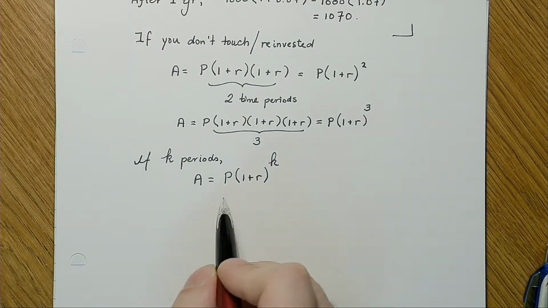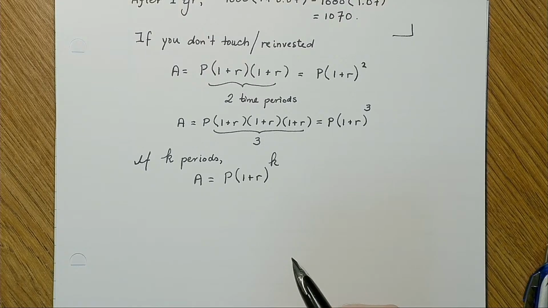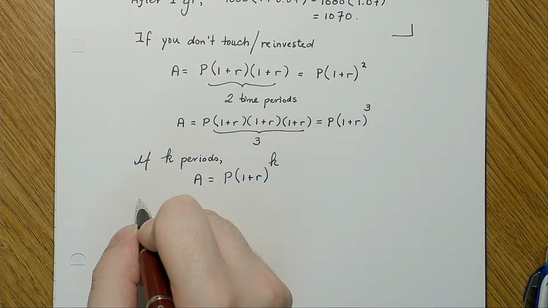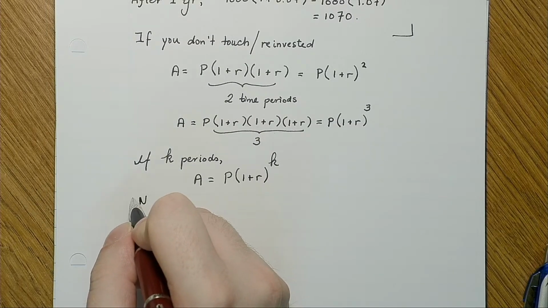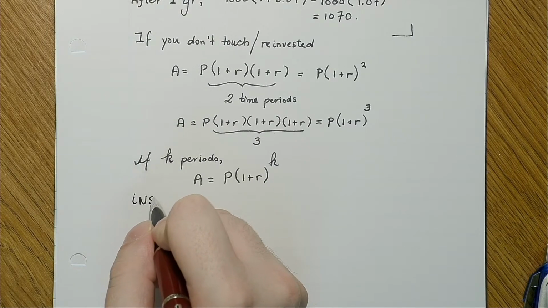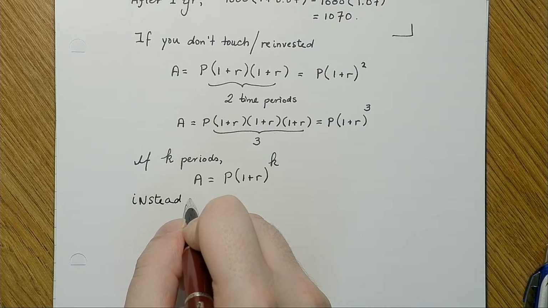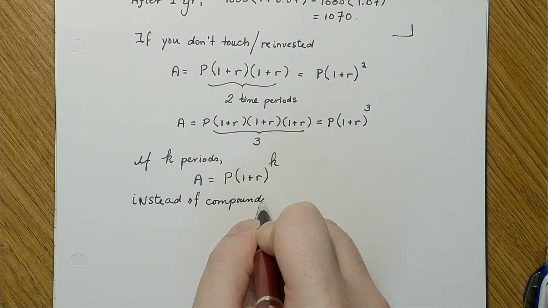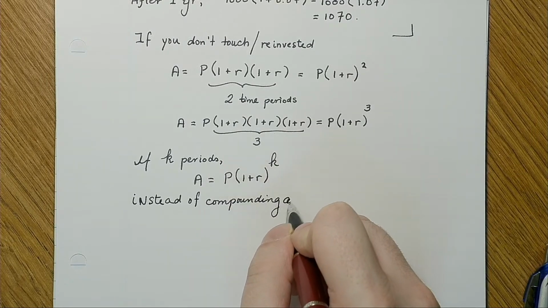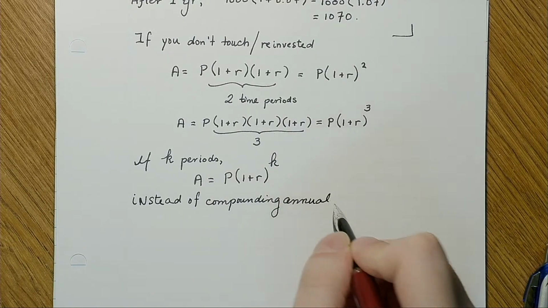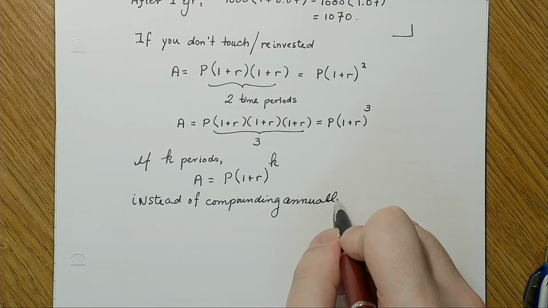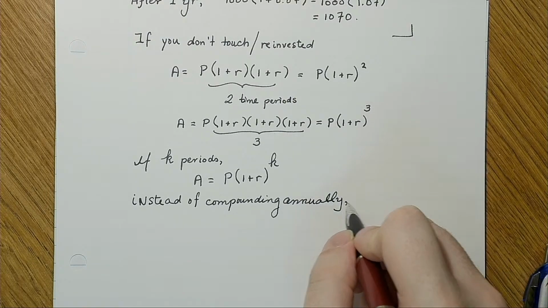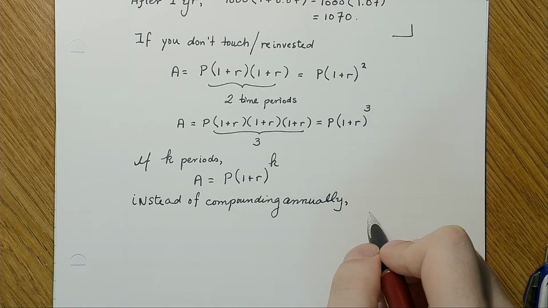So we have this. What happens is that sometimes instead of compounding annually, you can compound at different frequencies.